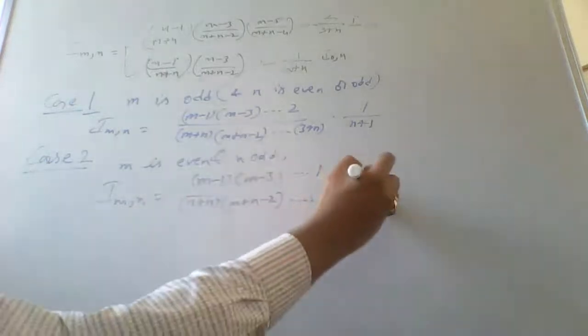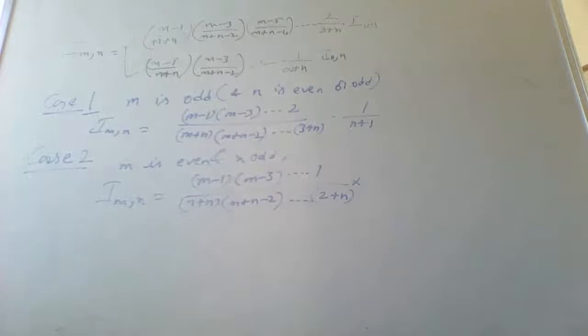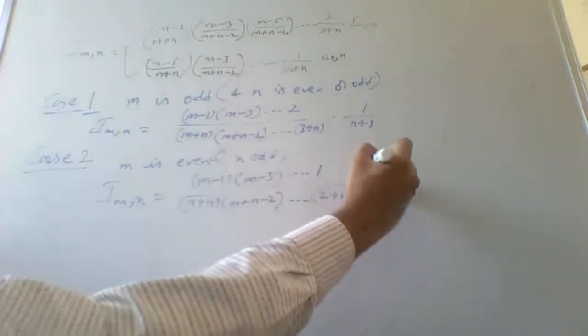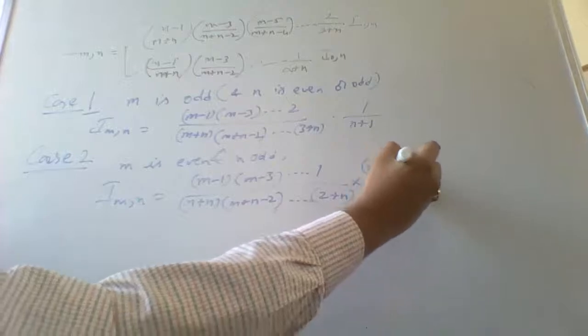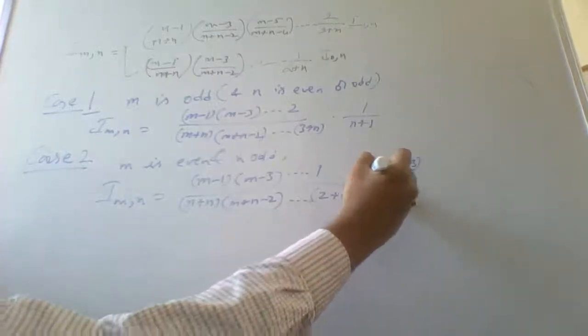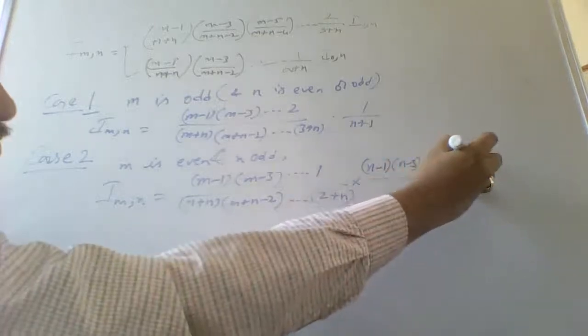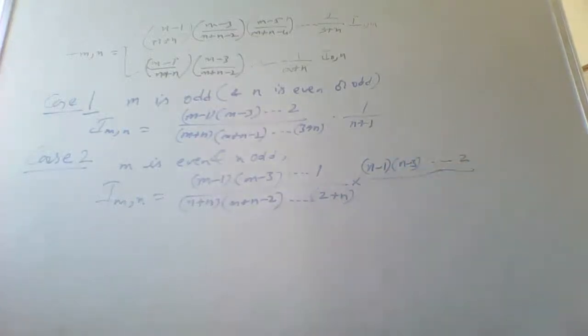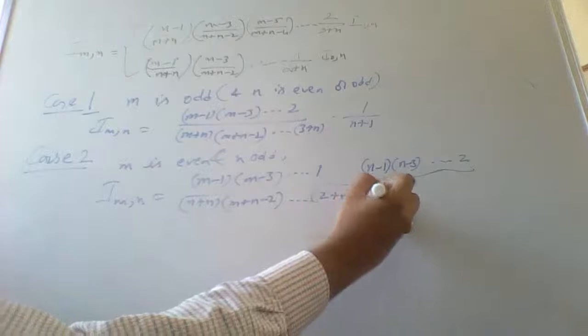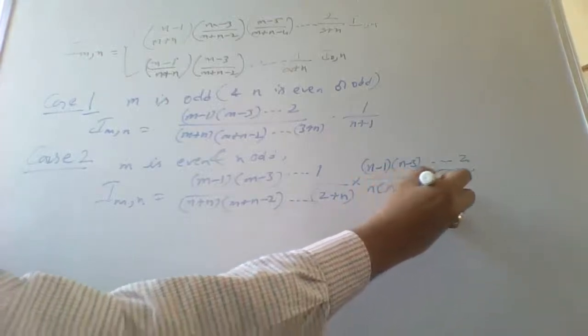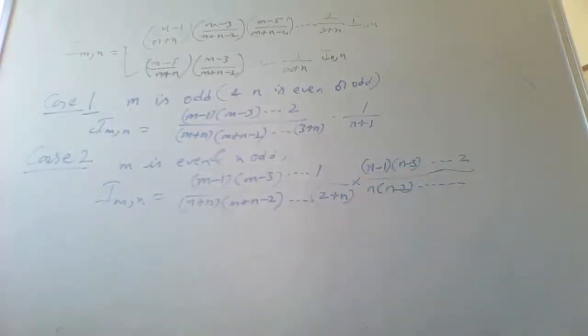And this is multiplied with (n minus 1)(n minus 3), and 2 divided by n into (n minus 2), and so on. The last term would be 2.